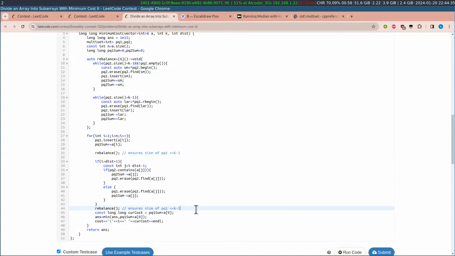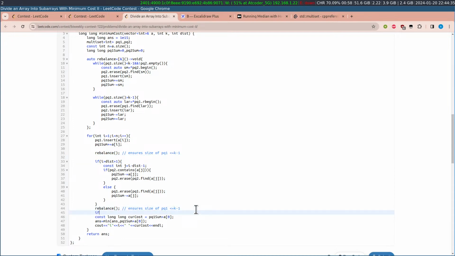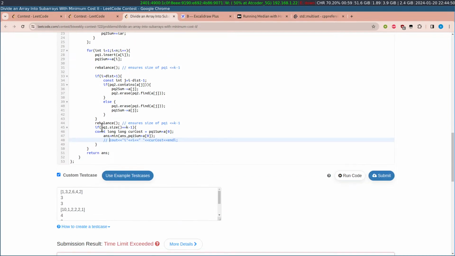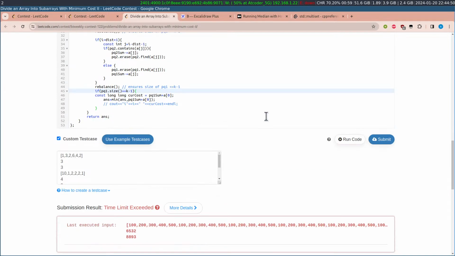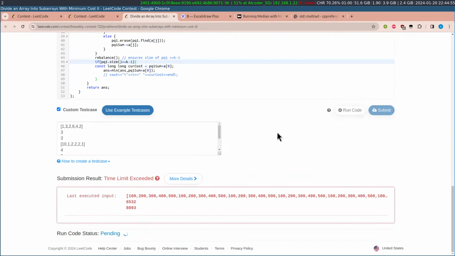Oh, right. We should not run this logic. We should do it only if, like in the first element, we will end up taking it only if there are at least k minus 1 elements, then only we should take the minimum.